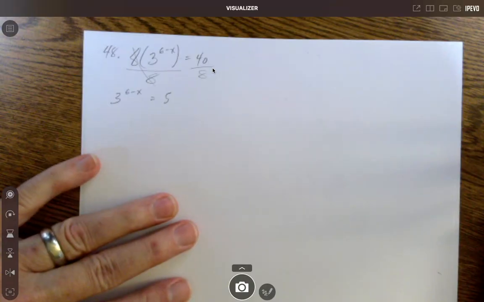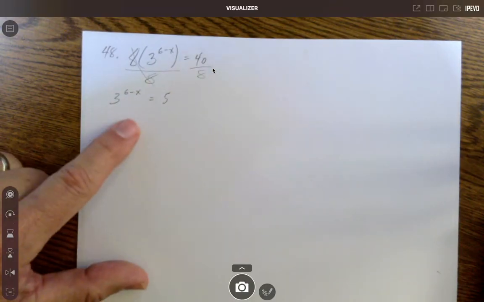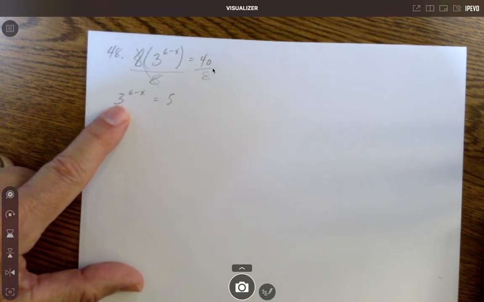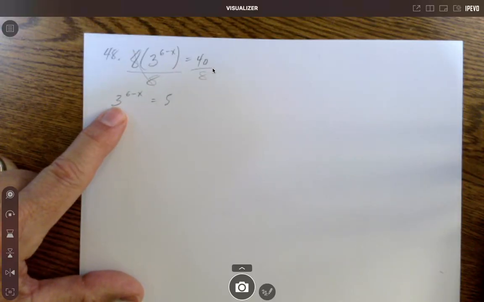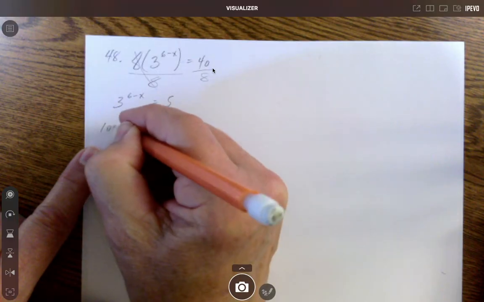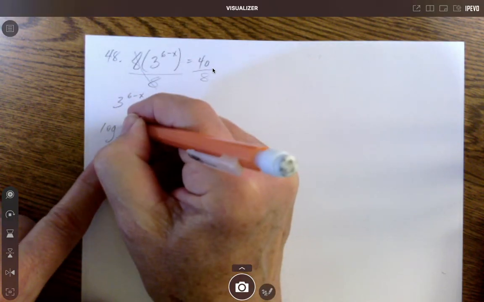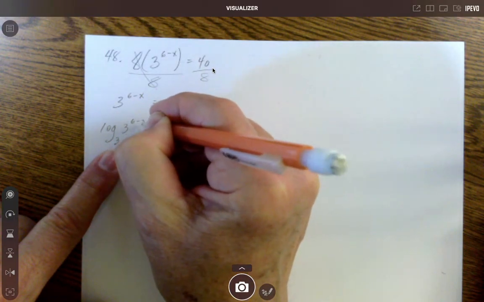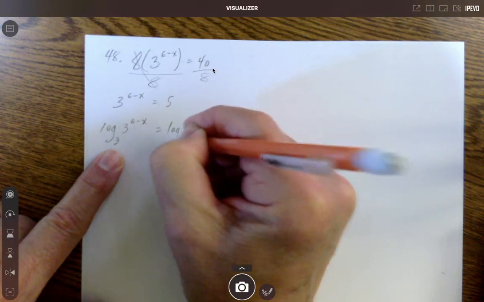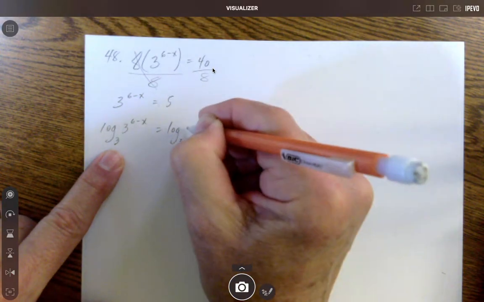All right, so now that I've got the exponential expression isolated, I can take the log of both sides. So I'll take the log base 3 of 5.